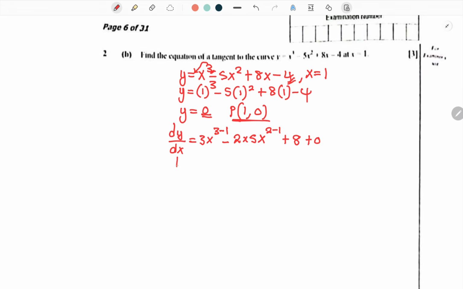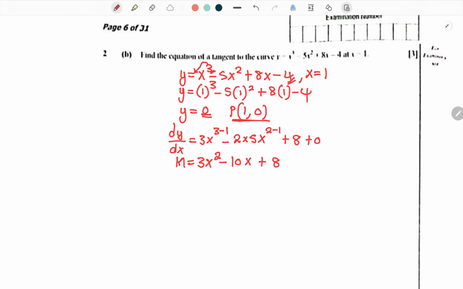So from there, we can say our gradient is going to equal 3x to the power 2 minus 10x, because 2 minus 1 is simply 1, and of course plus 8.